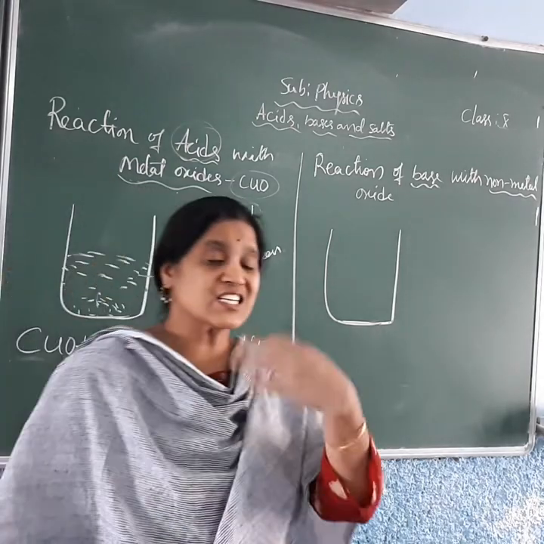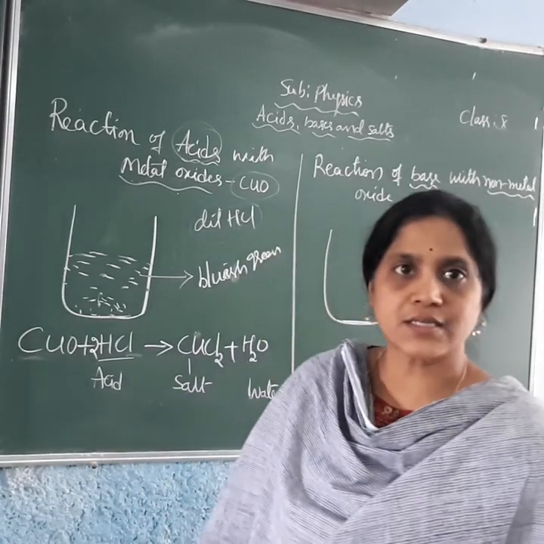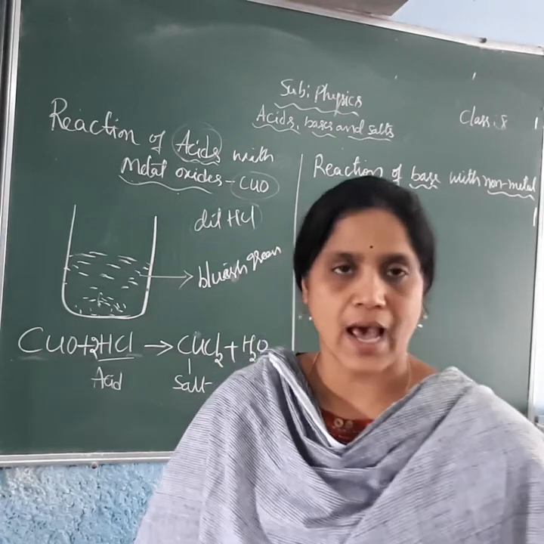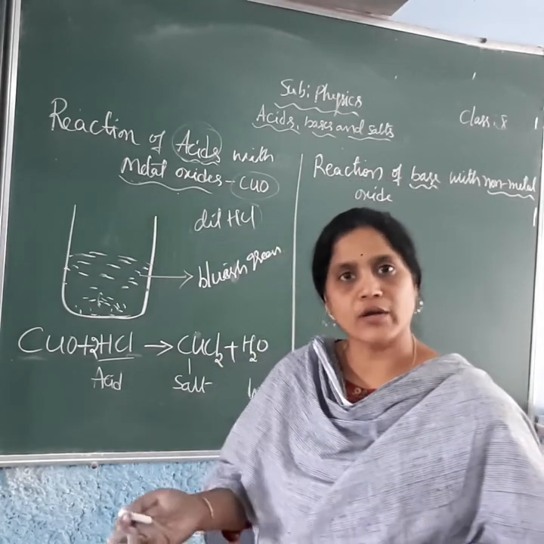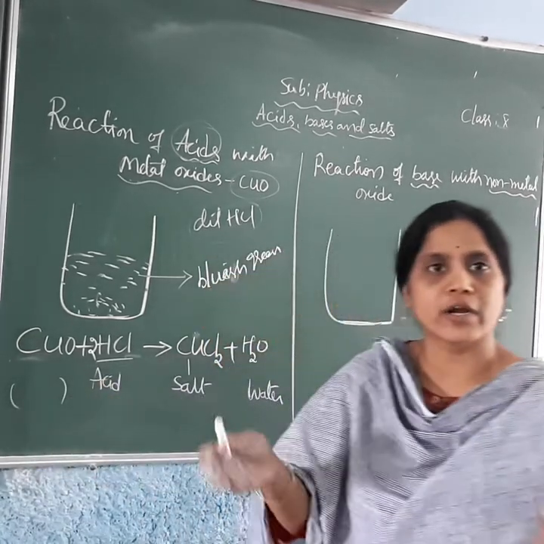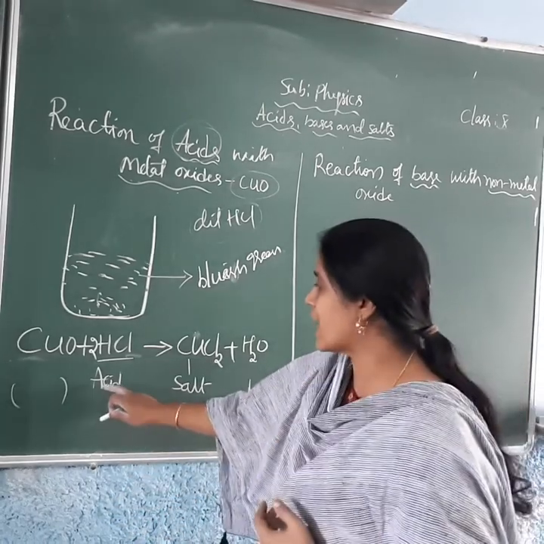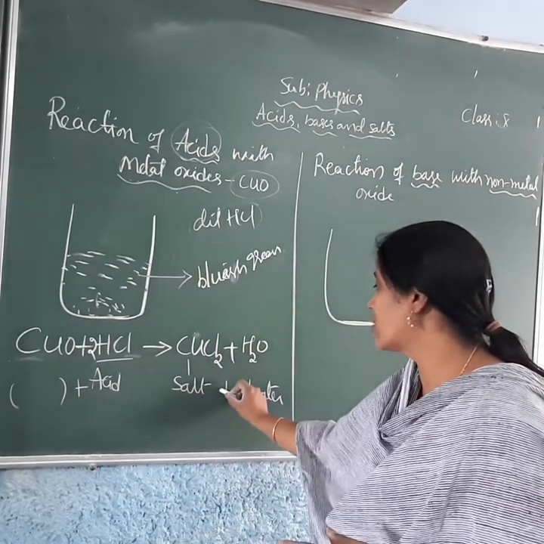In neutralization reactions, as we already discussed, when an acid combines with a base or a base combines with an acid, the end products are salt and water. Here also, just leave this copper oxide; we don't know whether it is an acid or base. The end products we are getting are salt and water.